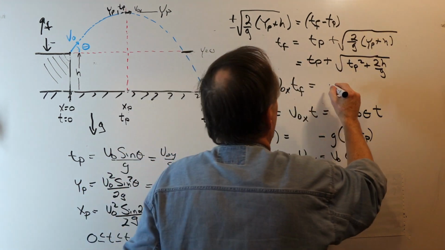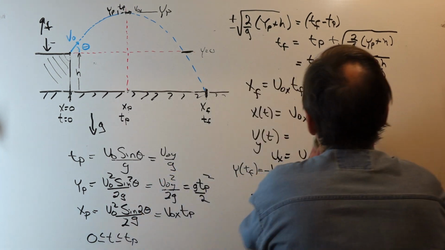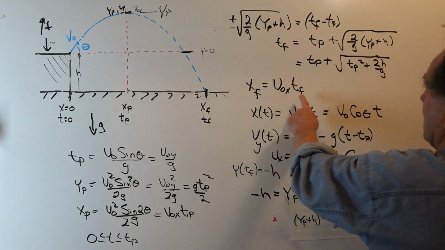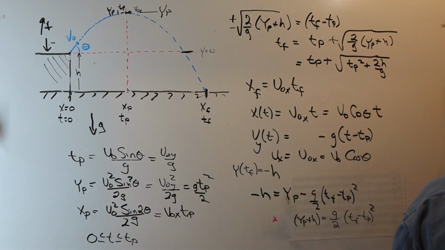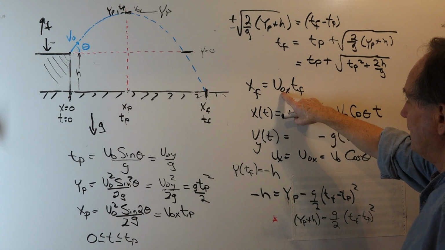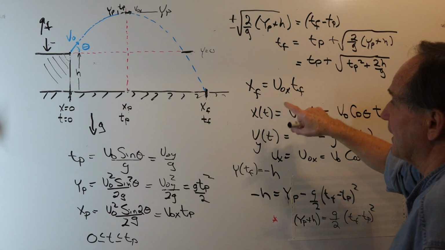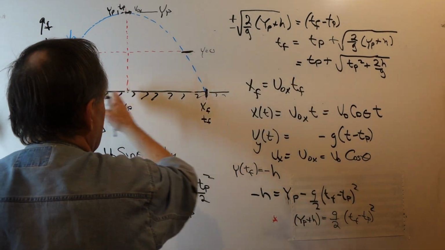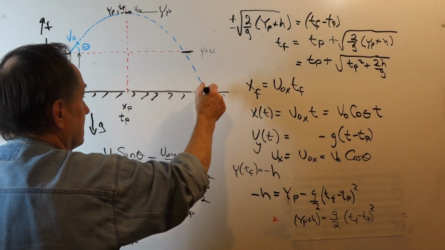All we have to do is substitute that in for t final. So that's our final distance. We just take our initial velocity in the x direction and multiply by the time that it takes to hit the ground.